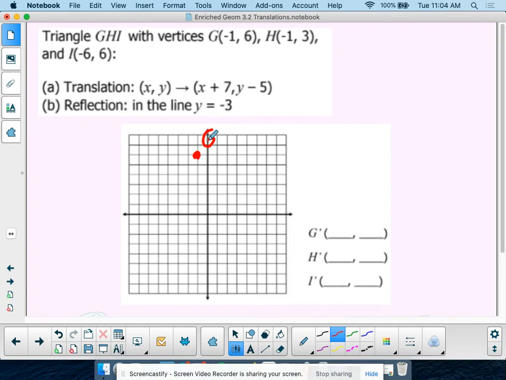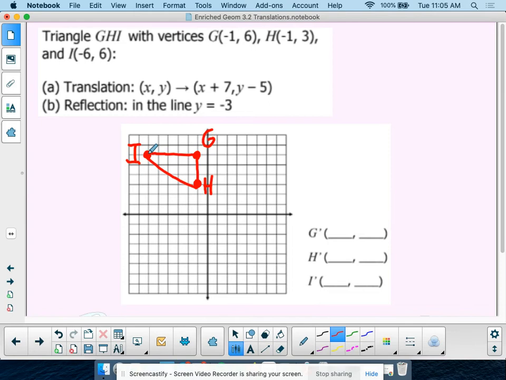Very important that you label this one. Are we all okay with this? Our pre-image?